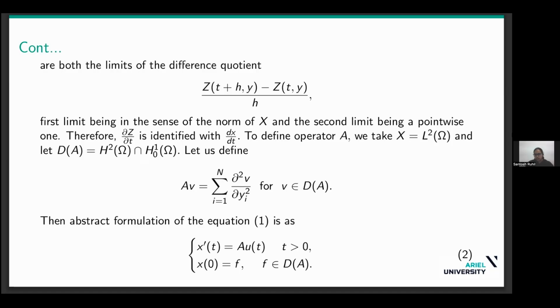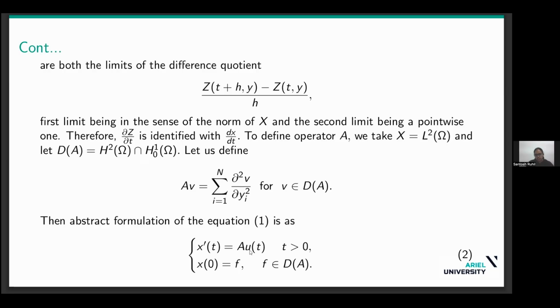To define the operator A, we take our space X as L^2(Omega), and the domain of A is taken as the intersection of the two Sobolev spaces H^2(Omega) and H^1_0(Omega). We define our operator A as Av = the summation from 1 to n of ∂²v/∂y_i², for v belonging to the domain of A. Now the abstract formulation of our partial differential system, that is equation 1, is given by this system 2 here.